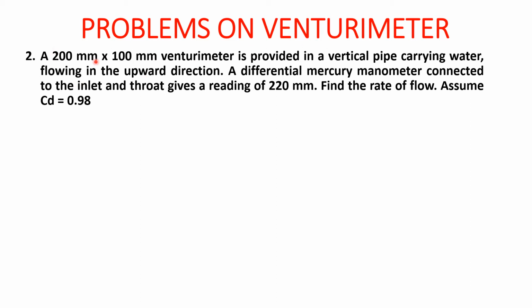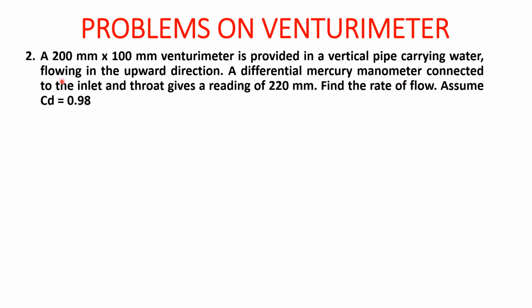Okay, now guys see here in this condition, a 200 mm by 100 mm venturimeter. So these are the dimensions of the venturimeter given, D1 and D2, provided in a vertical pipe carrying water flowing in the upward direction. So guys see, there is a vertical pipe and in that the venturimeter is installed. So therefore the venturimeter is also installed vertically and the water is flowing in upward direction.